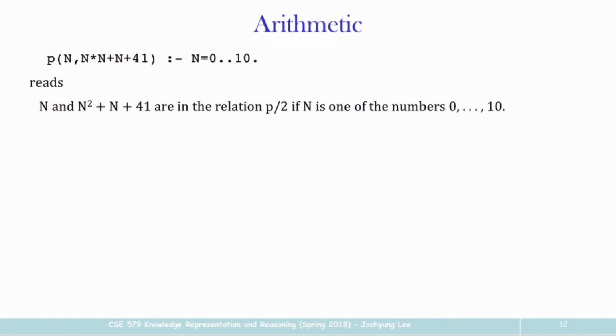One of the rules it will generate as a propositional image is 0 times 0 plus 0 plus 41, then 1 times 1 plus 1 plus 41, and so on. In other words, you are generating the polynomial on n, where n changes from 0 to 10. What are the values of this polynomial?